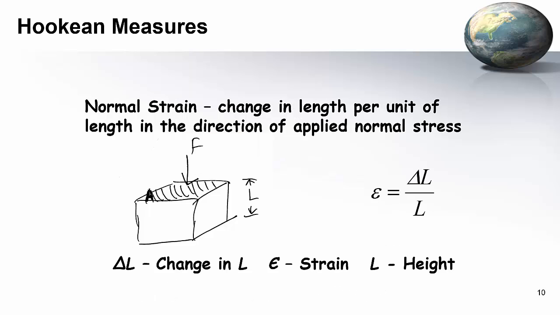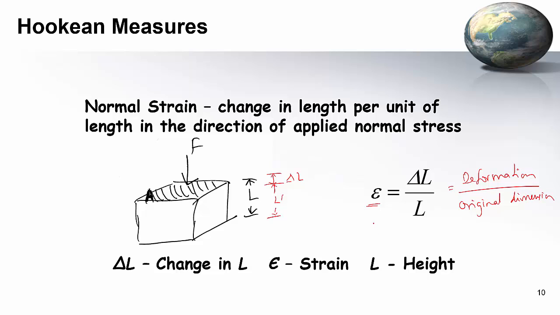And strain: when you apply the stress, the material deforms. Let's say it deforms into L prime, so it deformed by delta L. Then the strain is delta L, the deformation, divided by the original length or dimension.